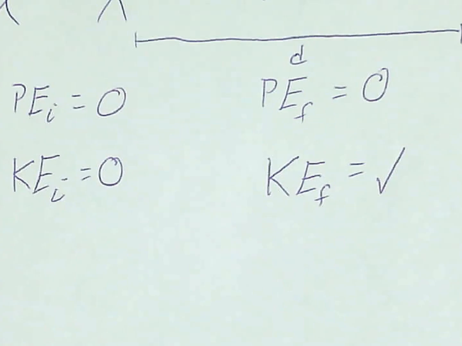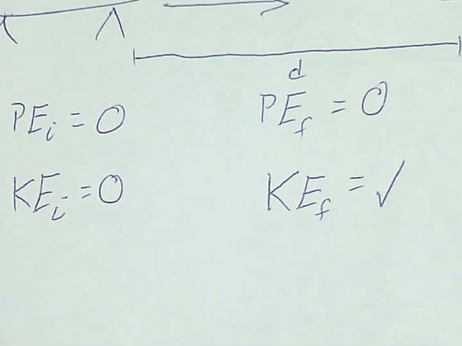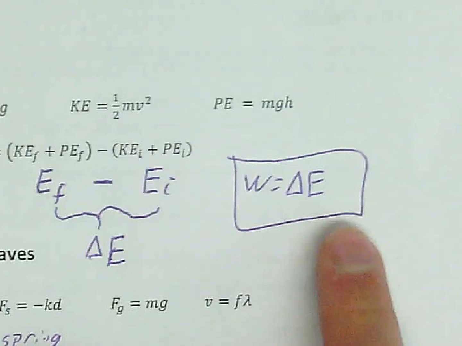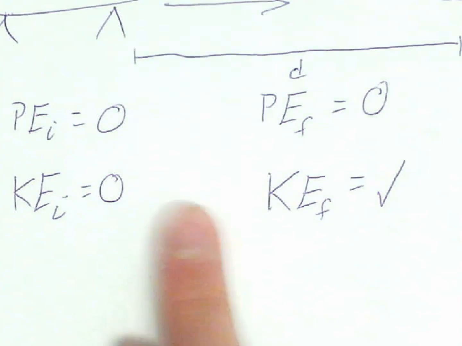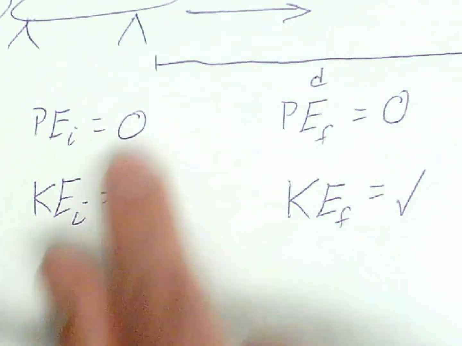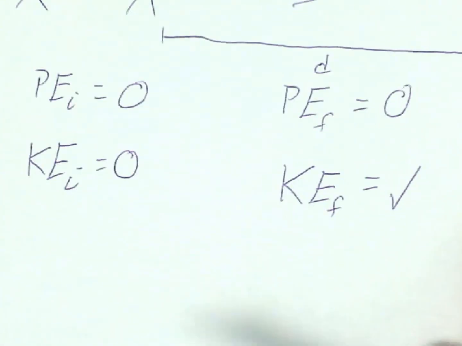Okay, so now I'm looking at this, and I'm like, all right, work equals change in energy. I'm going to be able to do something with that because I have an energy change. I've got 0 energy changing to having kinetic energy.